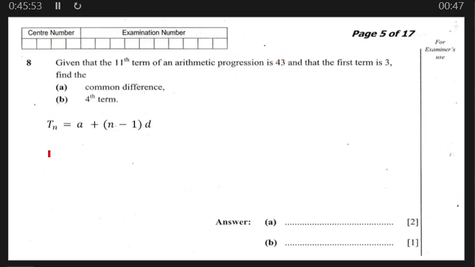So we'll say 43 is equal to, then they've told us that the first term is 3, which is represented by A, it will be 3 plus open brackets.